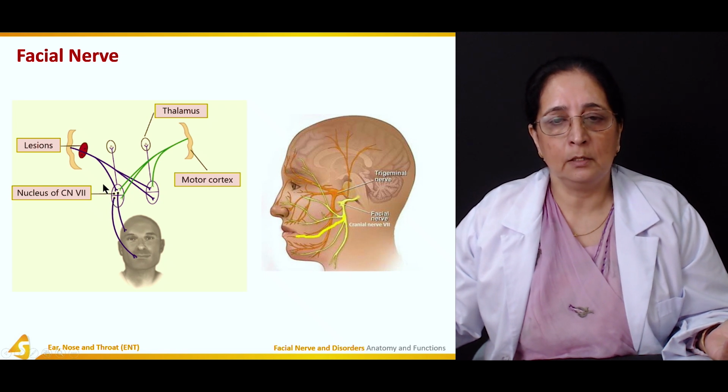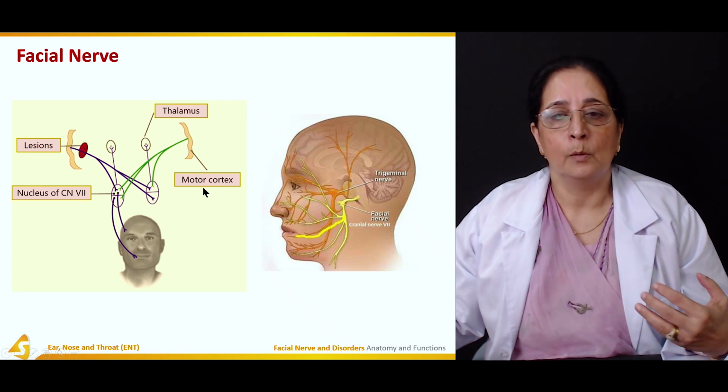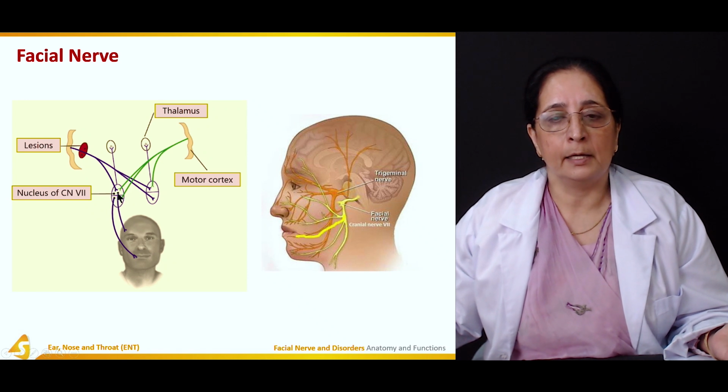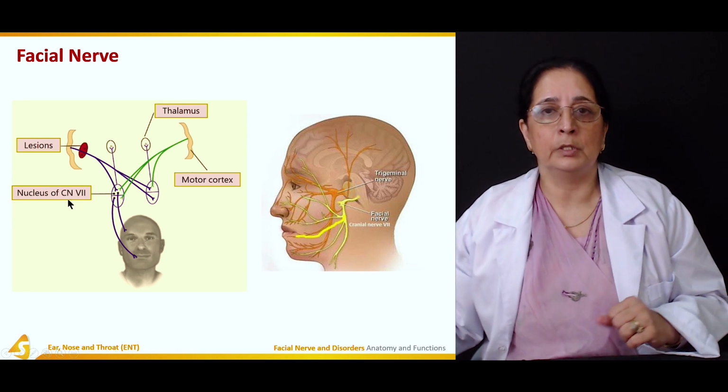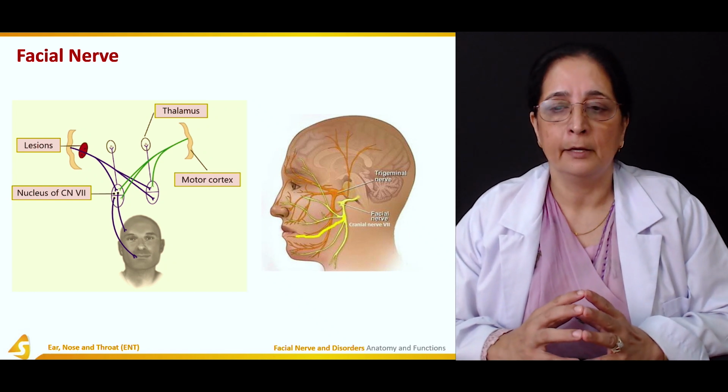So this is the normal path from the thalamus and motor cortex to the cranial nerve nucleus, and from there to the parts which are innervated by the facial nerve.